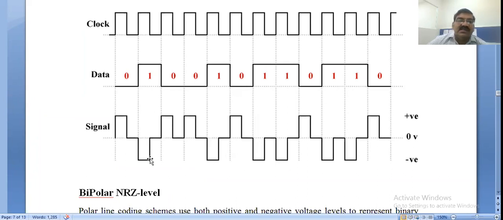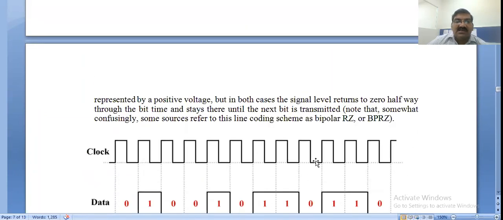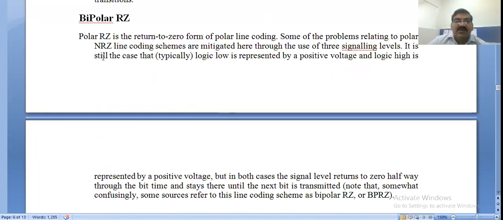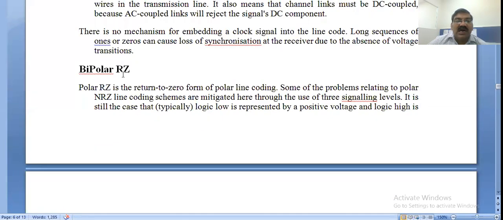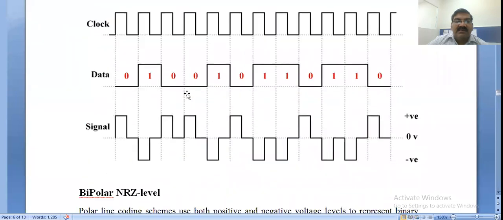Here there is continuous synchronization. So this is bipolar RZ, return to 0. Every time it is returning to 0.